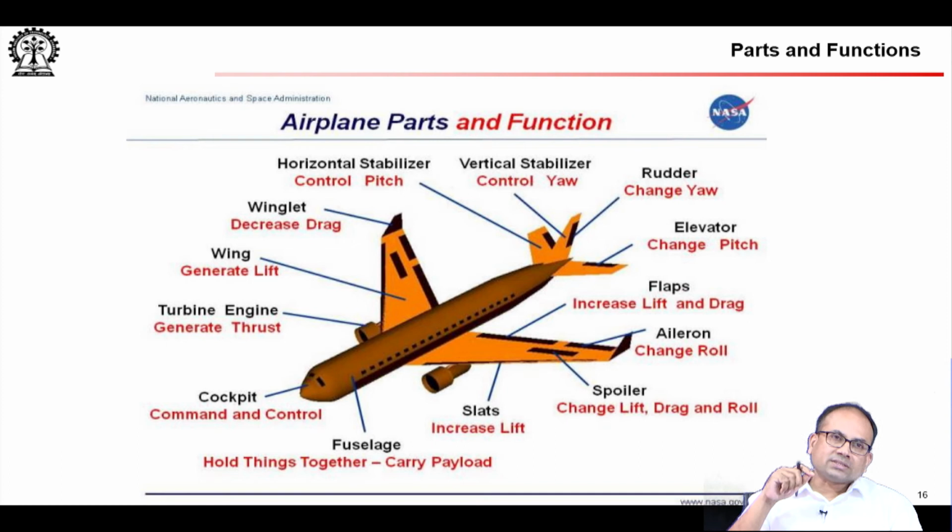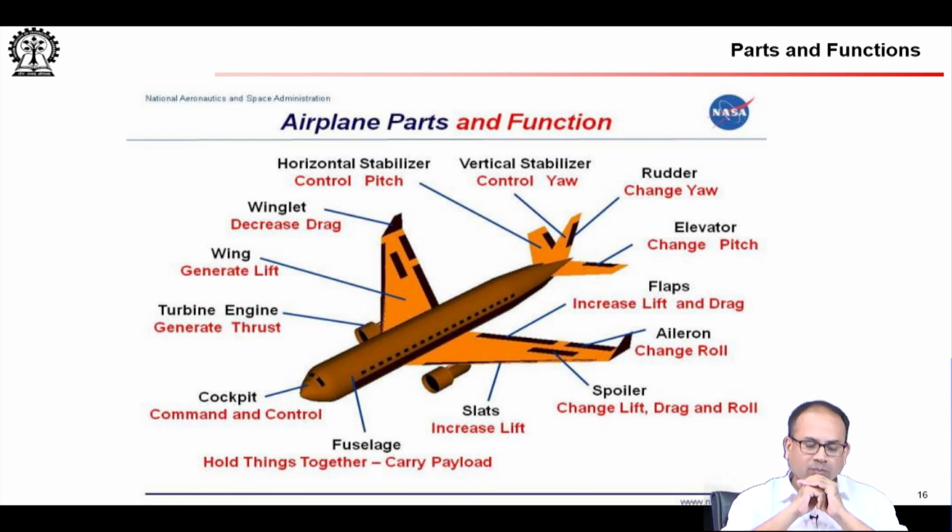NASA has a very nice series of web pages where they have a, of course, elementary introduction to aerodynamics, propulsion, etc., but nonetheless sometimes elementary knowledge is difficult to have, because not everything is explained in proper ways, or the source of explanation sometimes has some bias or mistake, but at least you can trust NASA on airplane parts and functions. So, that is pretty much the topic of today's presentation.